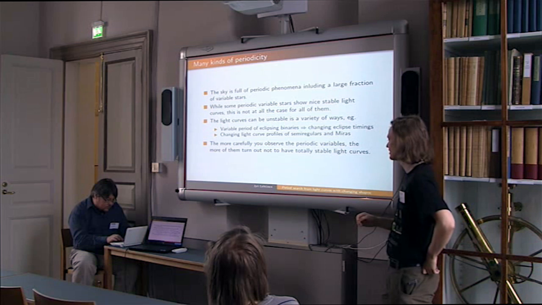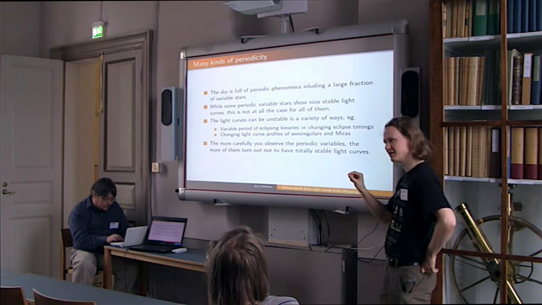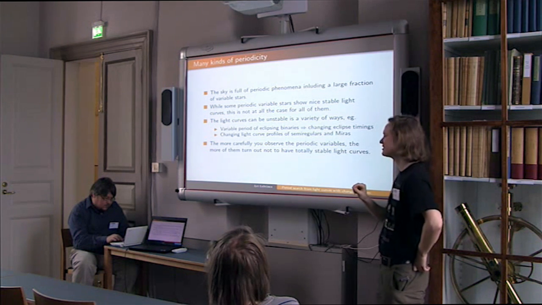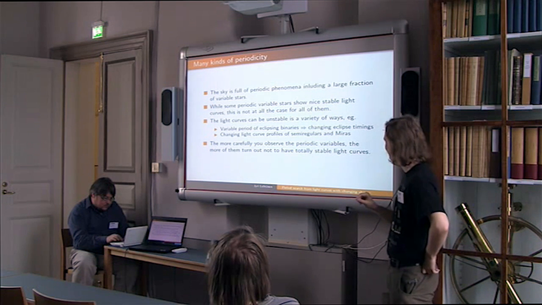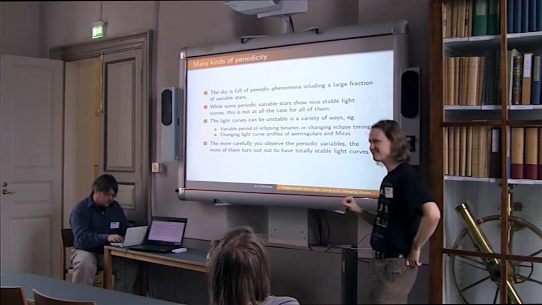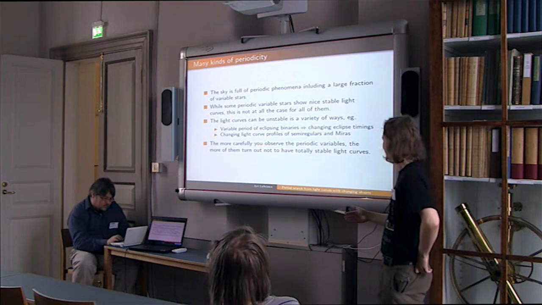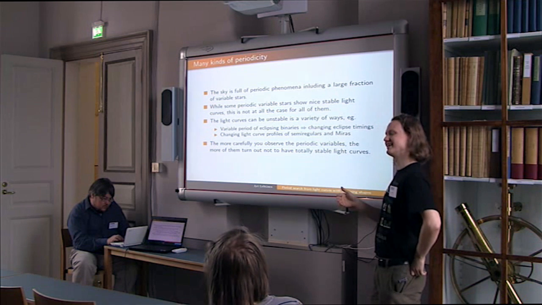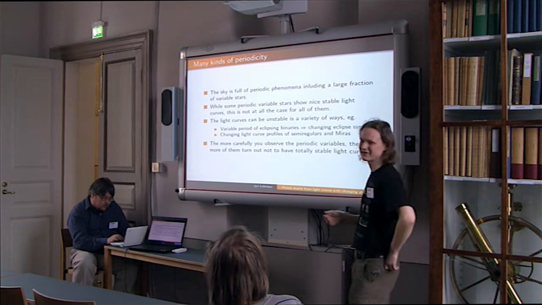So you can plot these graphs of observed versus predicted eclipse time and see changes there. So the more carefully you observe these periodic stars, the larger part of them turn out to be not strictly speaking stationarily periodic. So there's complex variation there.